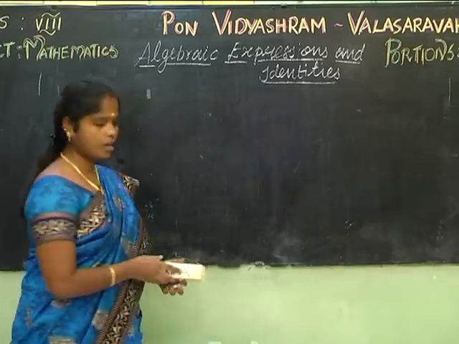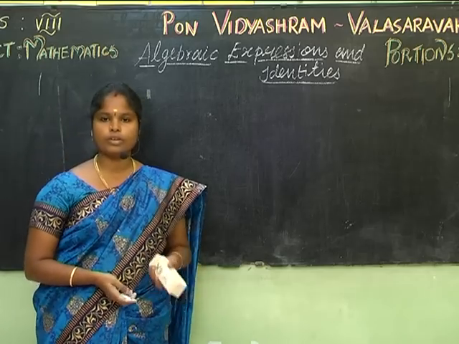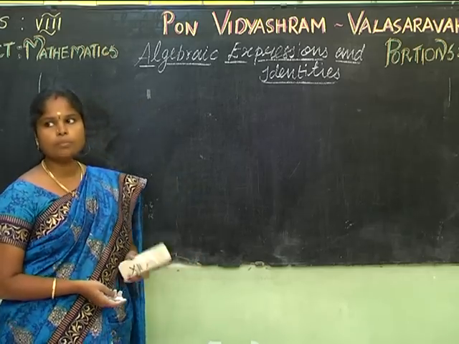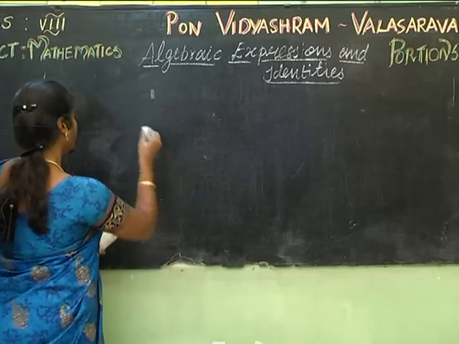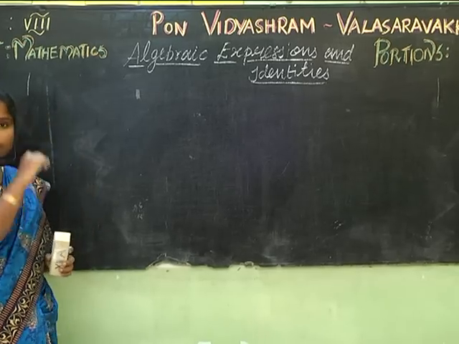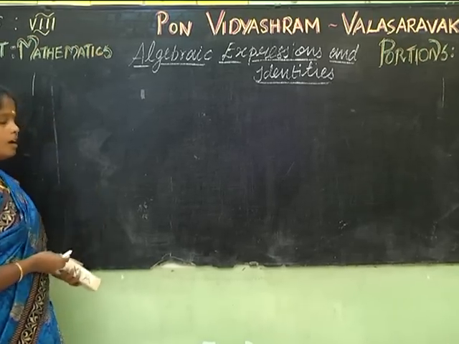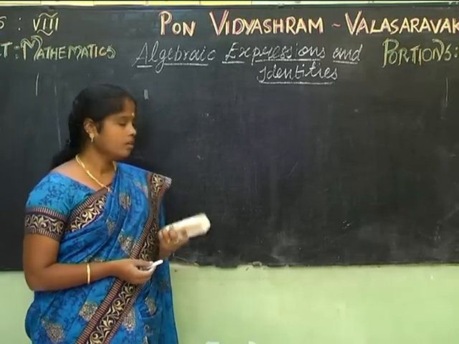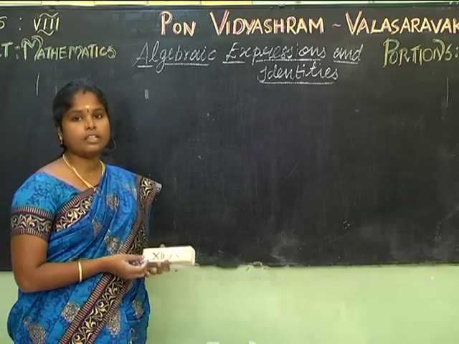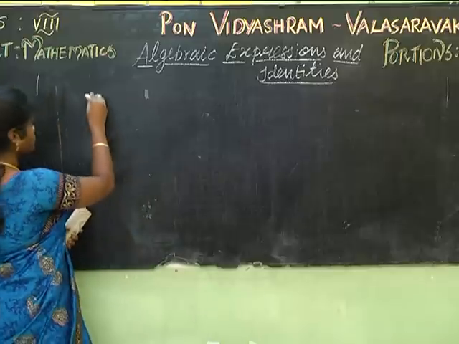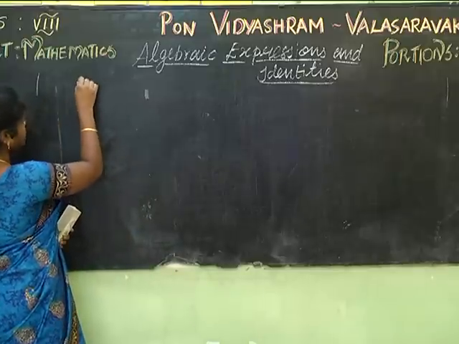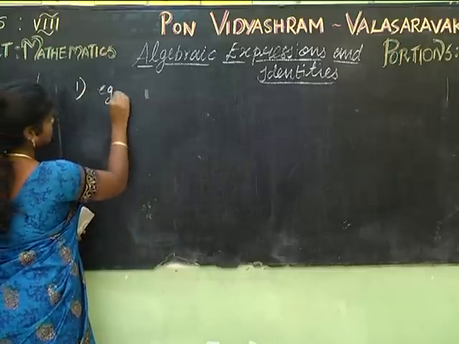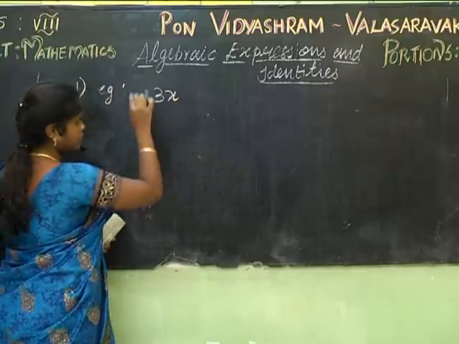Now we are going to see how to multiply a monomial by a monomial, a monomial by a binomial, and a polynomial by a polynomial. First, I'll give an example for a monomial by a monomial. Already we know what a monomial is: the expression containing one term is called a monomial. First example, this is one monomial.